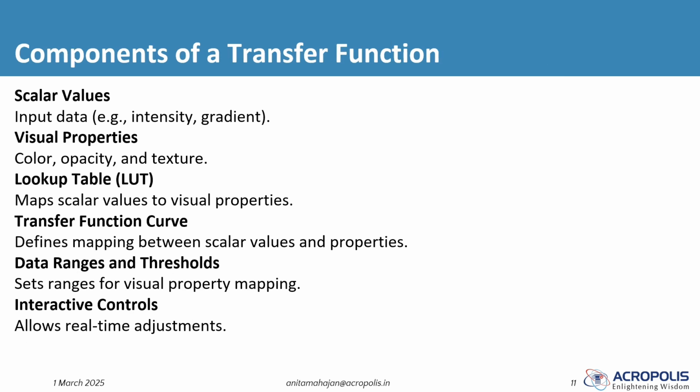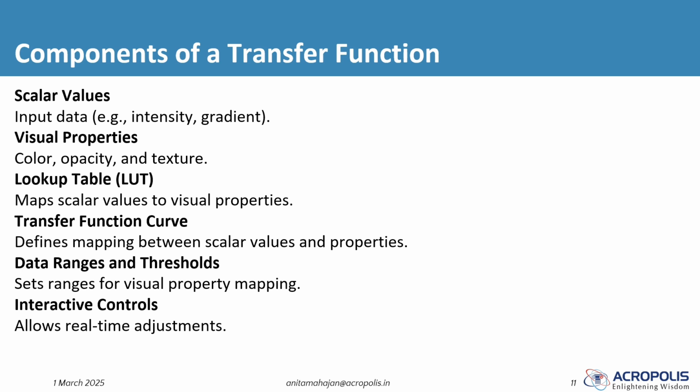Components of a transfer function. Scalar values. It is the input data which we will give and then the processing will start. Visual properties such as color, opacity and texture. Since we are designing the diagrams, it is necessary to describe the colors that are needed, the opacity and the texture.